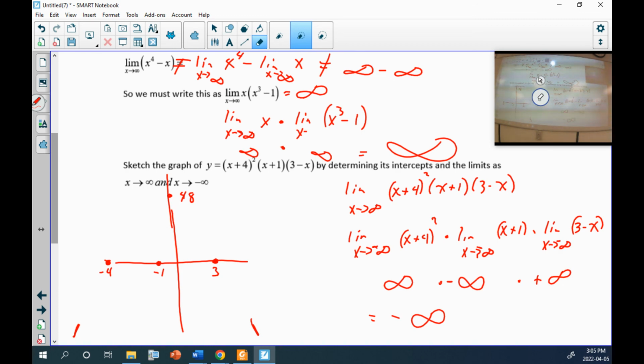Now let's talk about what happens at 0 and negative 4. Does it cross? Turn around? It bounces. So we bounce down here somewhere, up to cross 48, down there. Because of the square here.